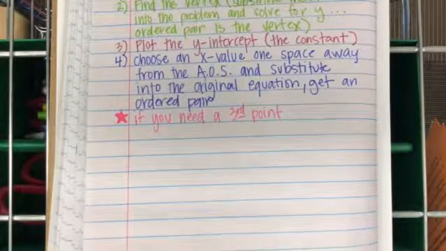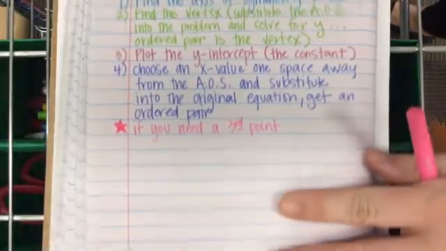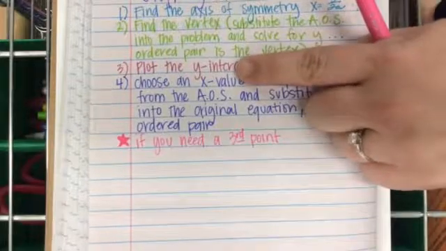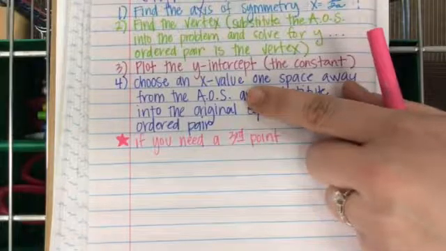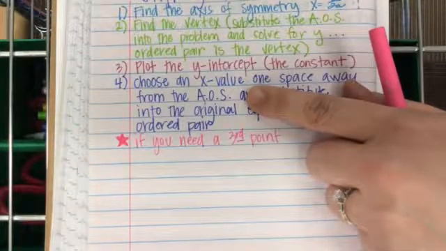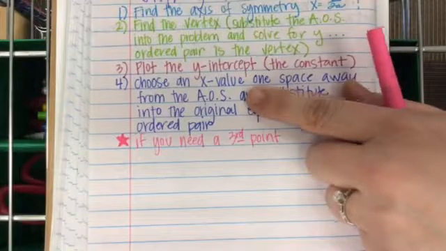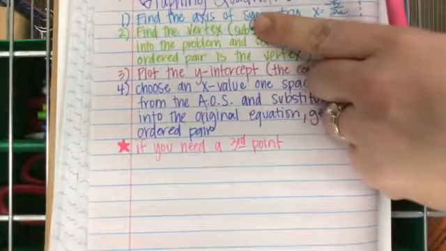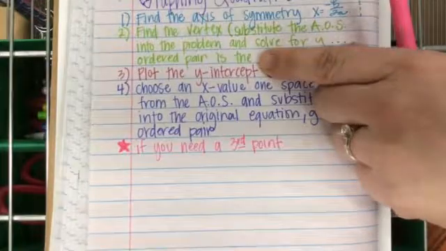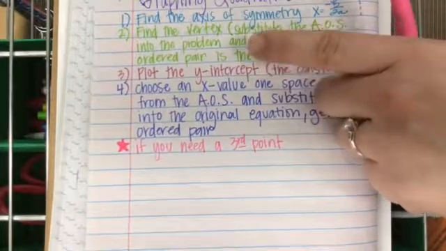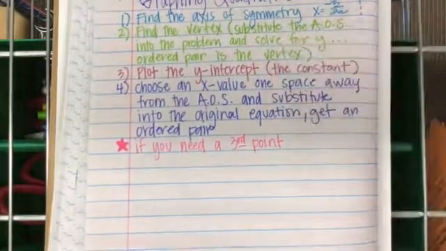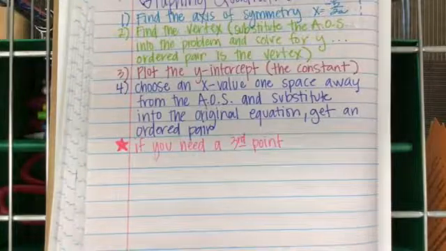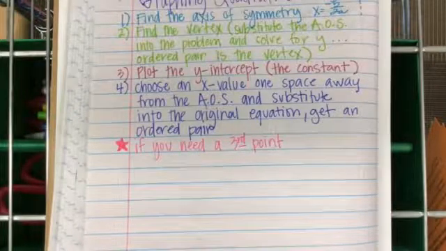The first ordered pair is going to be your vertex, the second is going to be your y-intercept, correct? The third is going to be this x value one space away from the axis of symmetry. But sometimes your vertex and your y-intercept are the same, or sometimes your y-intercept and the x value one space away are the same. You have to have 3 points on your graph in order to reflect, okay?